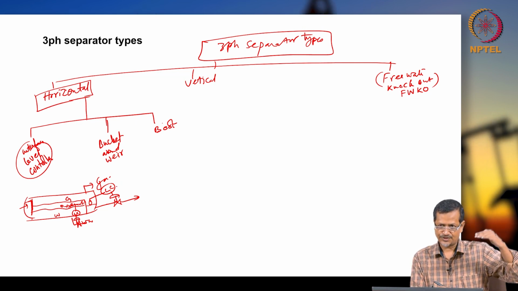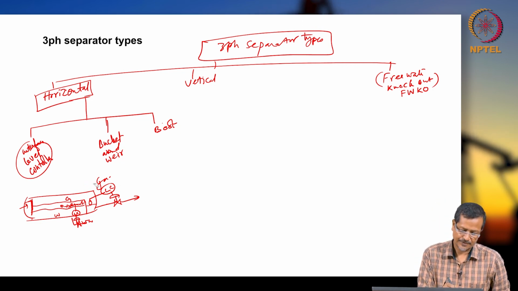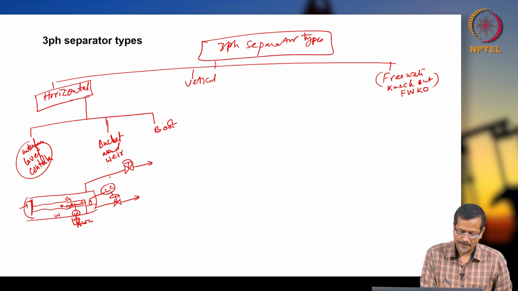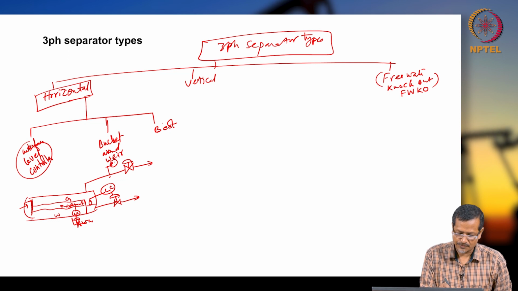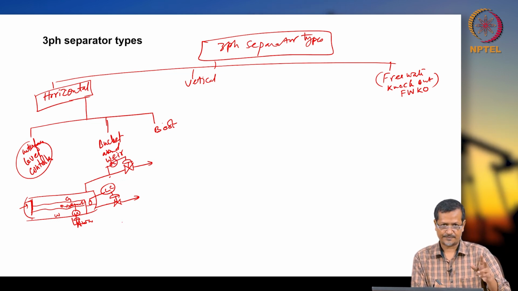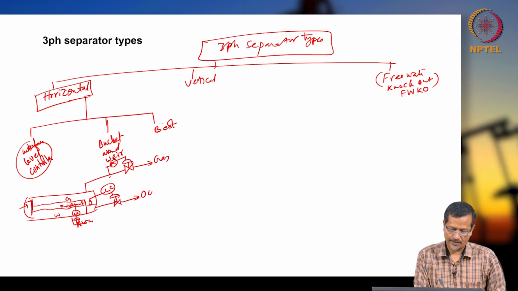When the level is changing, your dump valve will be controlled by the level controller. The gas also will have a pressure control system, so it will have a dump valve, then pressure control. Here PC, here LC. So don't mix up. So gas, this is oil.